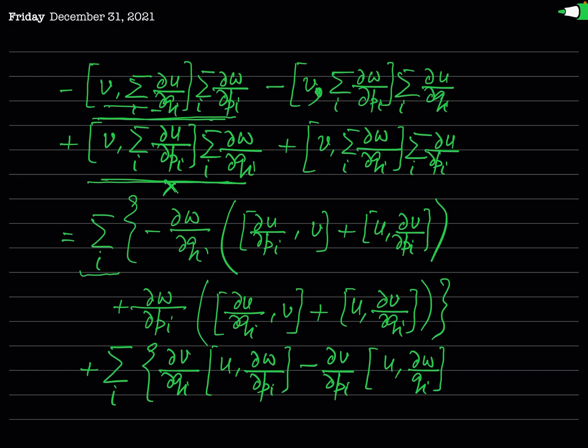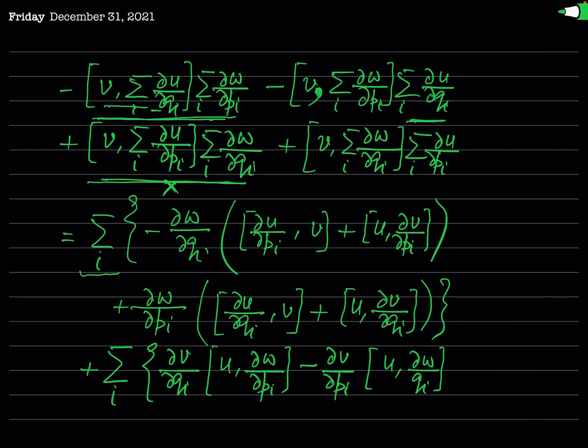And now see here, in this term there is summation over i del u by del qi times this much. I am writing this expression on another page, but this sigma sign will also be applied for that term.